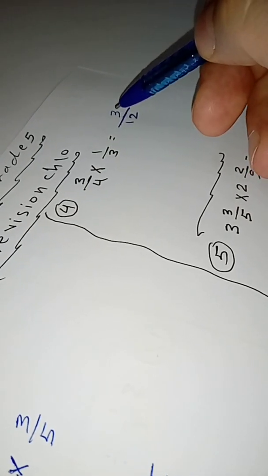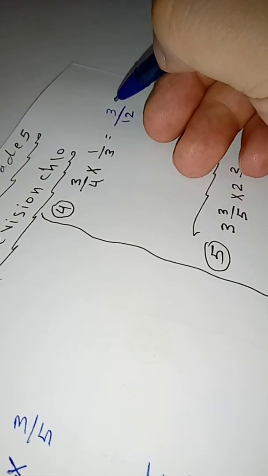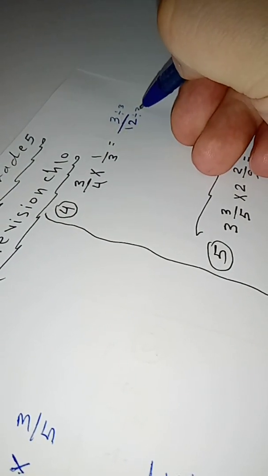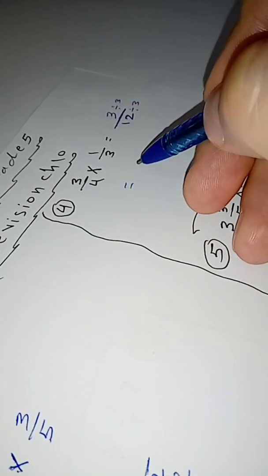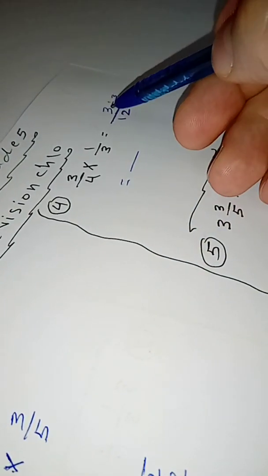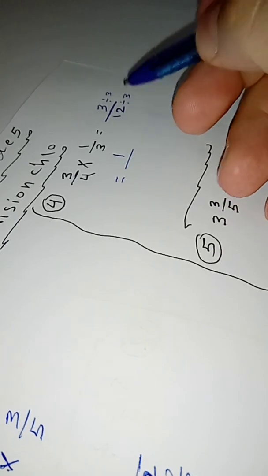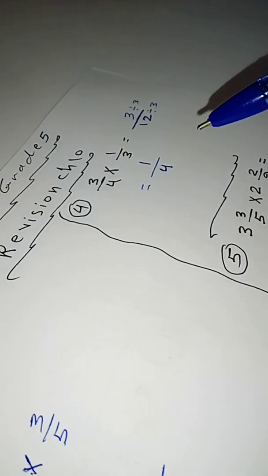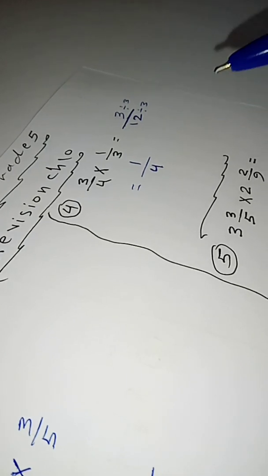The GCF between 3 and 12 will be 3. So I can write divide by 3, divide by 3. So I can write here the answer. 3 divided by 3 will be 1, 12 divided by 3 will be 4. So the answer will be 1 over 4.